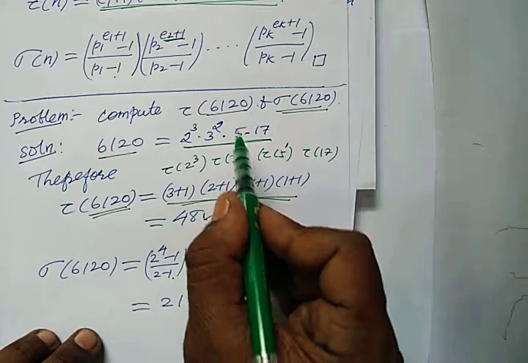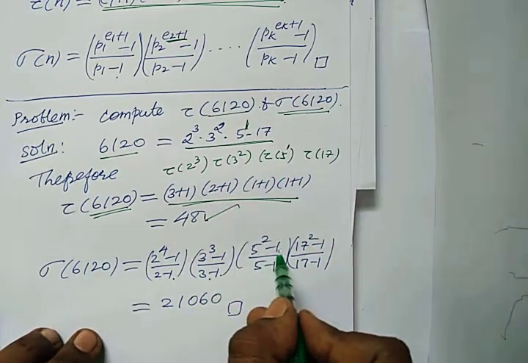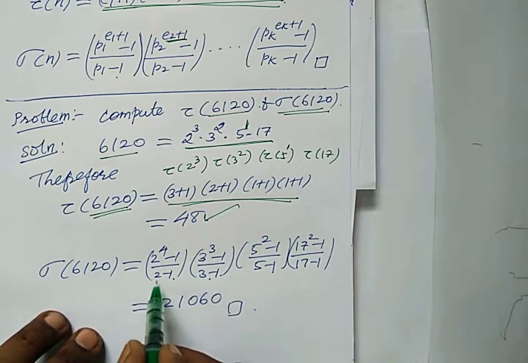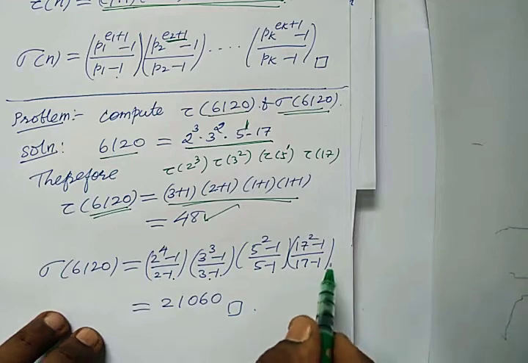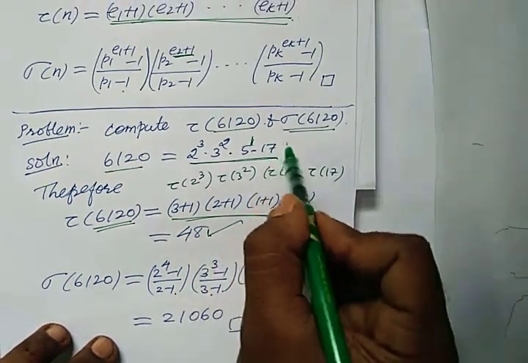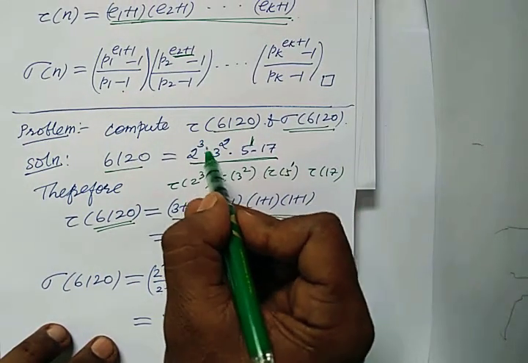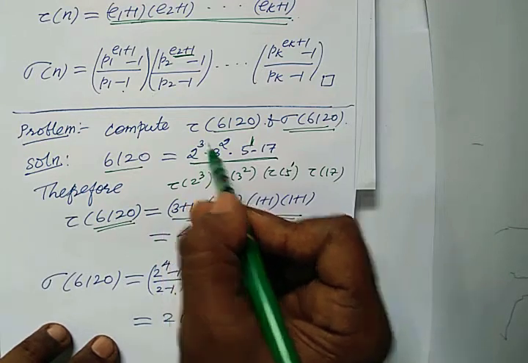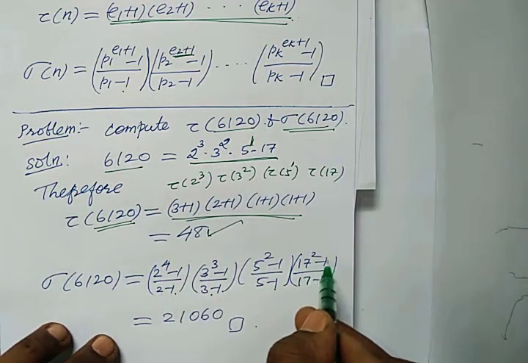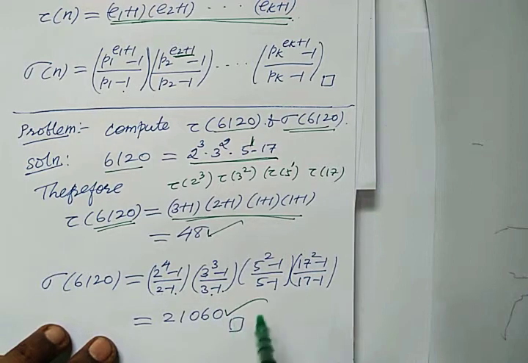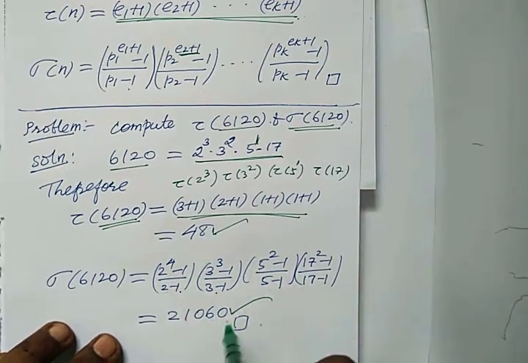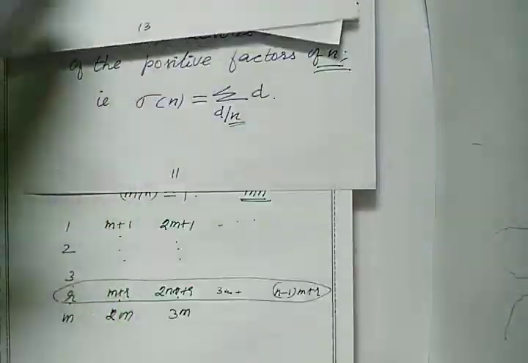Similarly 5 power 1, so 5 square minus 1 by 5 minus 1. The denominator is only prime minus 1. In the numerator, just add one more to the power. Similarly 17 square minus 1 by 17 minus 1. If we simplify, you will get this number.